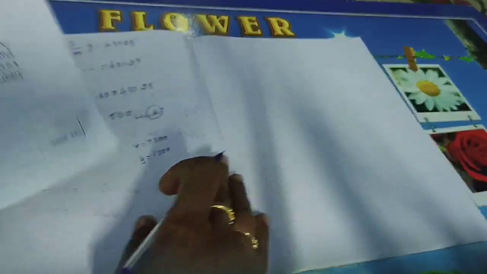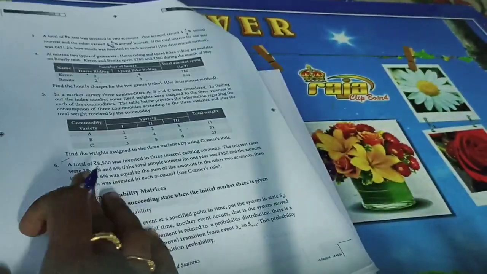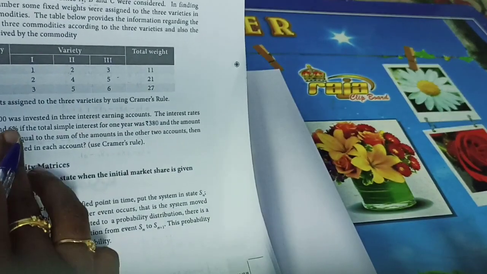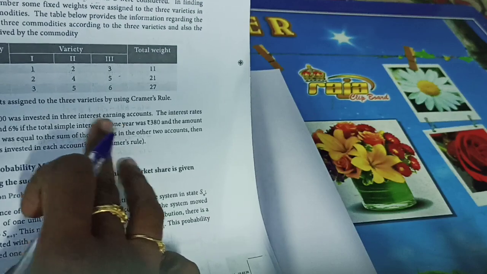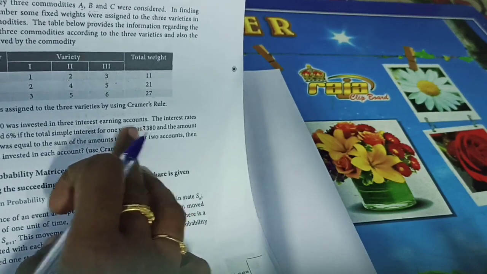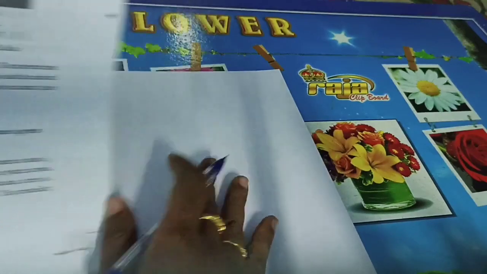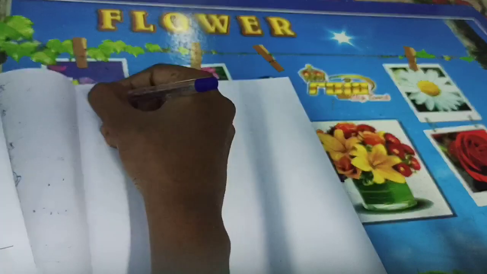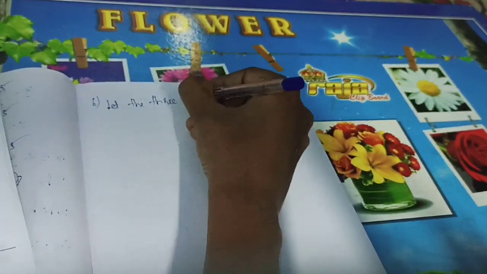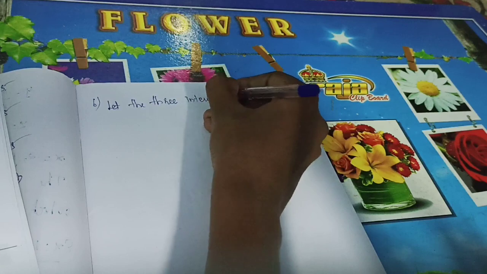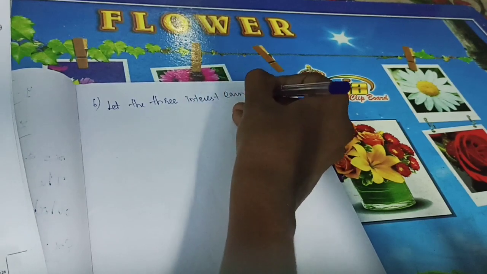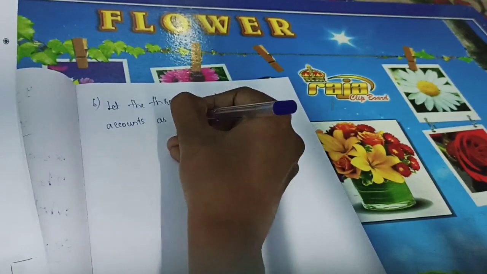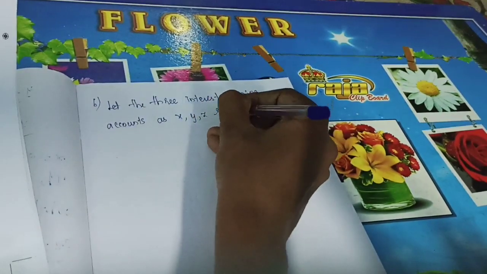Then the sixth question is somewhat different. So I will form the equations for you. Okay. In the sixth question they said the total of 8,500 was invested in three interest earning accounts. So let us take the three interest earning accounts as x, y, z respectively.